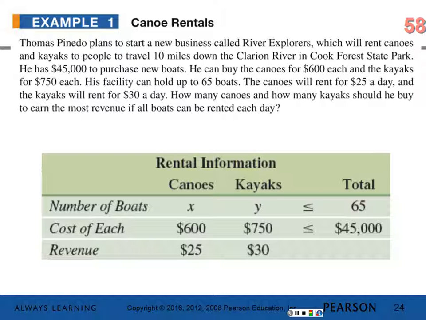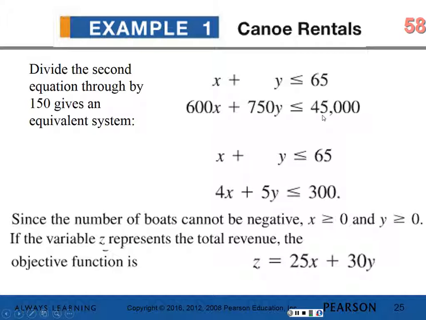because that's all the money he has. The last one about the revenue is actually going to give us our objective function because his revenue is going to be 25 times X plus 30 times Y. And he's going to want to maximize that because he wants to earn the most revenue. So this is how the equations work.